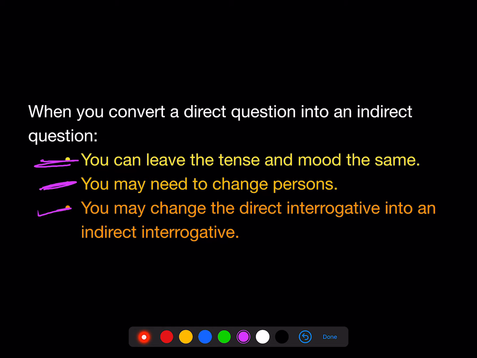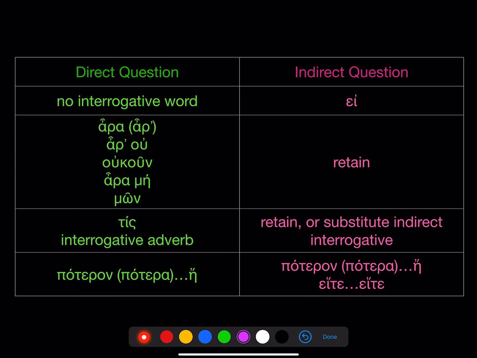And this interrogative tis or ti or interrogative adverb, you can change that into an indirect if you want. So let's take a look. So if here's the direct question words, here are the indirect question words. So if your direct question had no interrogative word at all, then you're going to need to add an a, an if, in your indirect question.